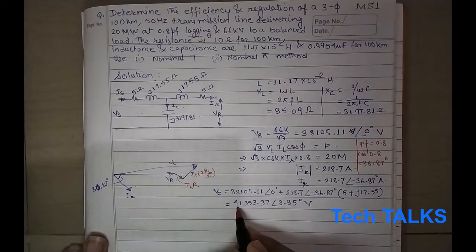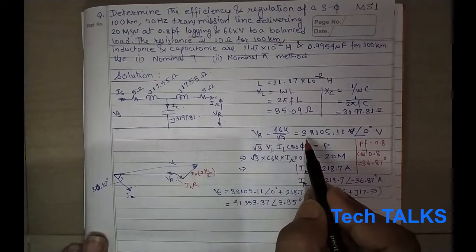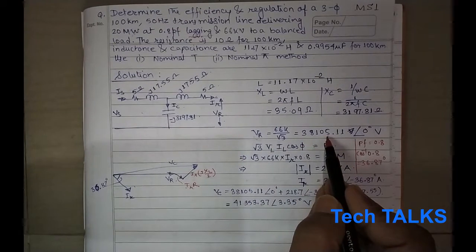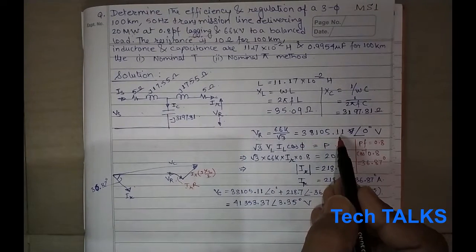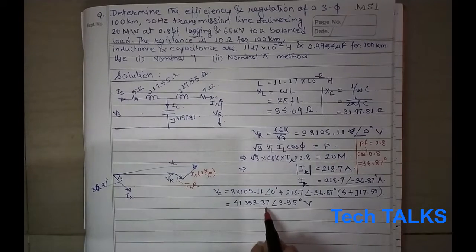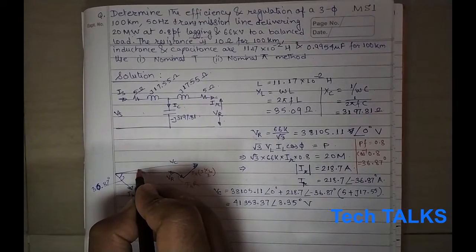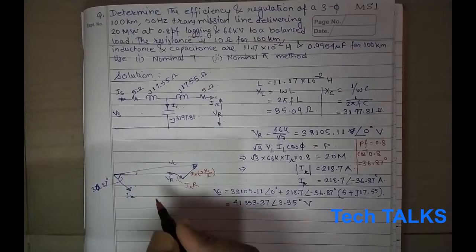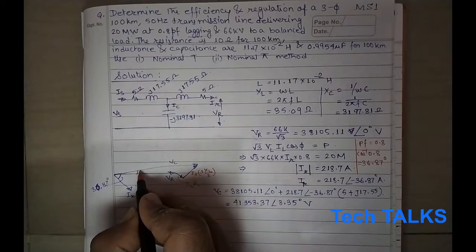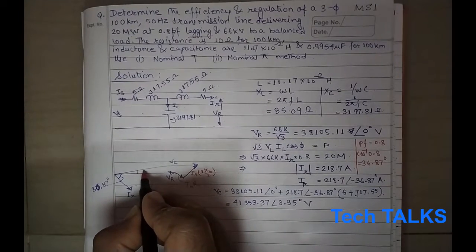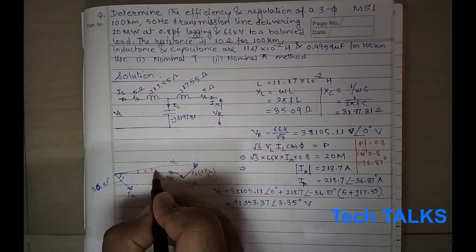The magnitude is 41353.37 and the magnitude of VR is 38105.11. So obviously this VC magnitude is greater and it is ahead by 3.35 degree. That means this small angle is 3.35 degree.